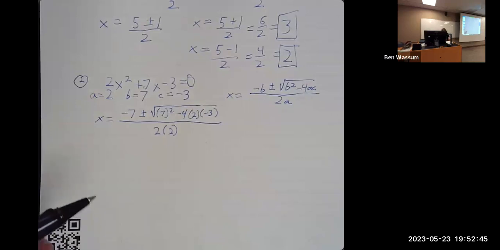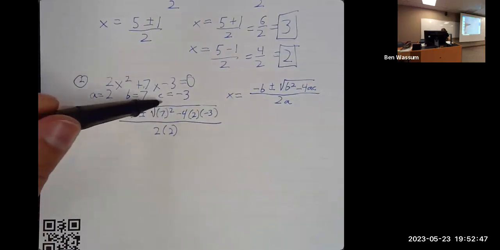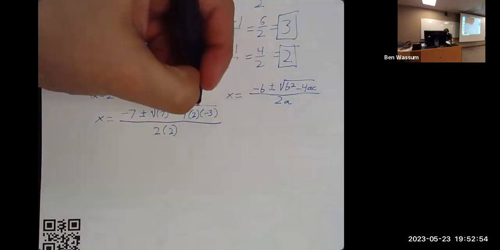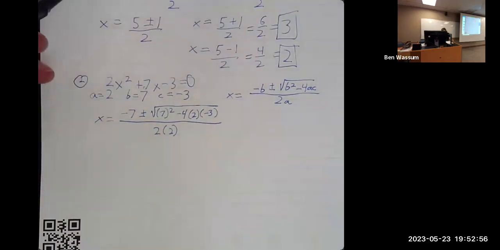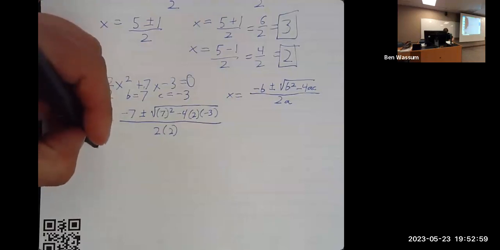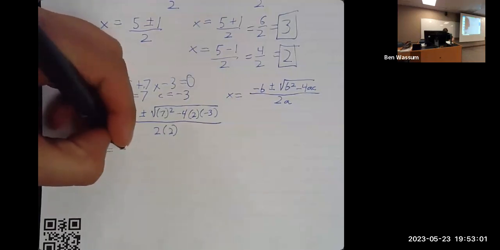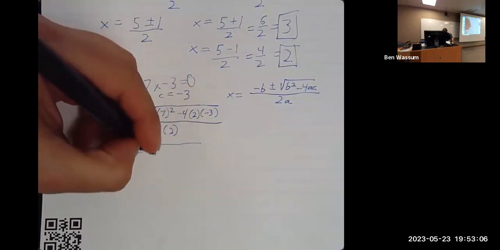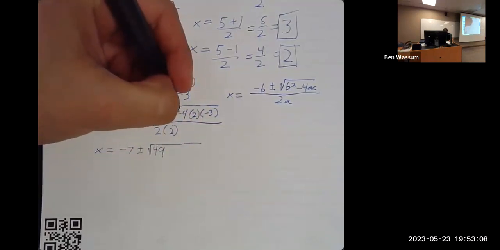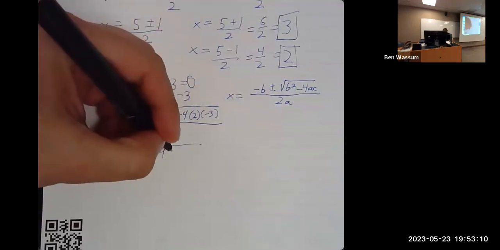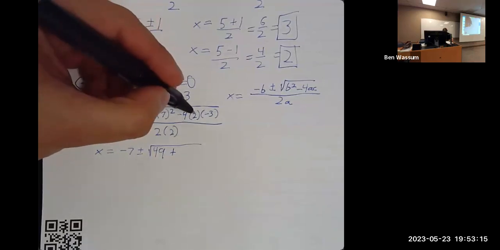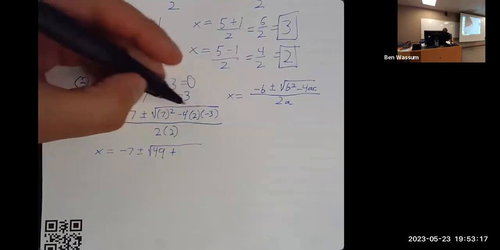Now, if you can see it as you go, if you look at this 7 squared and you think, oh, I could just write 49 there, go for it. If you see it as you go and you know it's simple enough, you can absolutely do it. Let's clean this up a little bit. This is 49. Now I have a negative multiplied by a negative in here, so I know this is going to be a plus. 4 times 2 is 8, and 8 times 3 is 24.